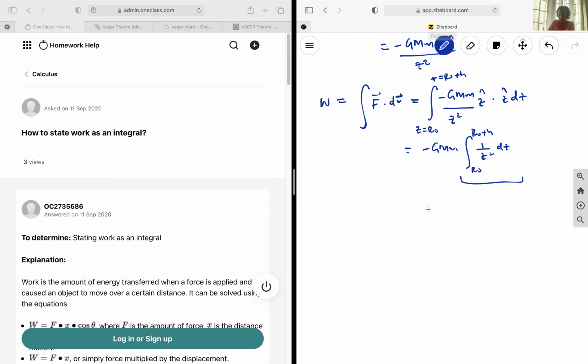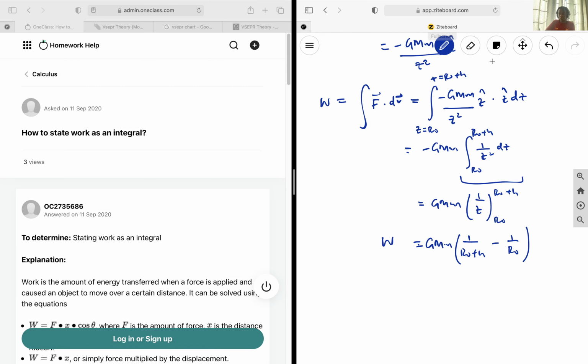And so for a final answer, you will get GMm multiplied by 1 over z, and it's a bounded integral, so you want it from R0 to R0 plus h. And so when you actually do that out, you will get GMm multiplied by 1 over R0 plus h minus 1 over R0 would be the work done.